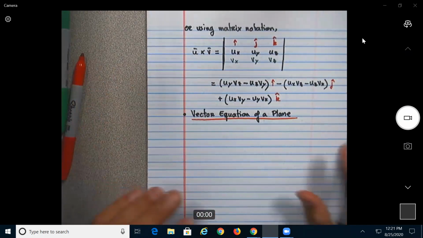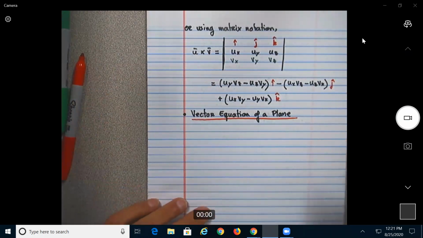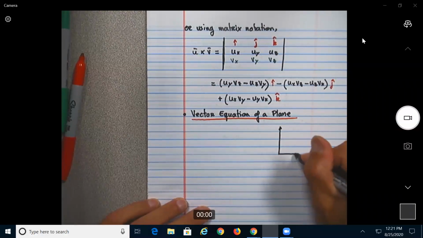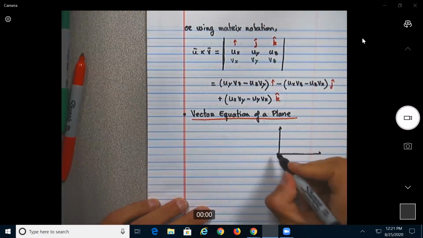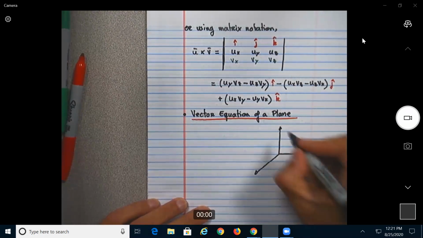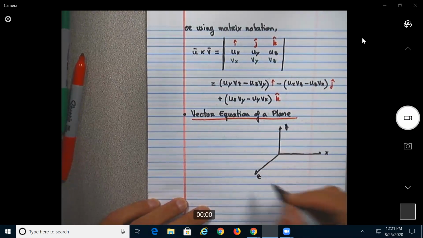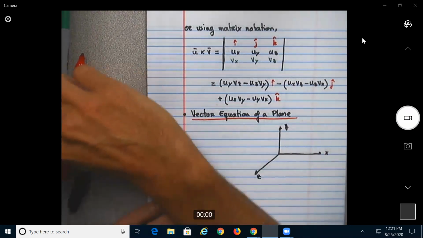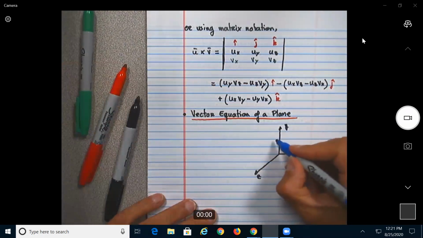So let's say we have a reference frame. I know I'm still using X, Y, Z, because it's just easier to understand at this point. But remember that all this stuff should be written X1, X2, X3, no? And let's say we're gonna write down the equation of a plane.